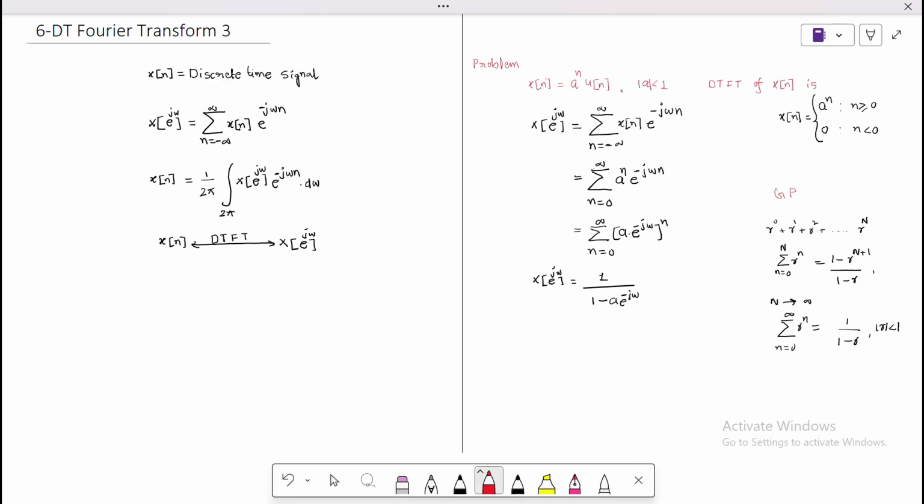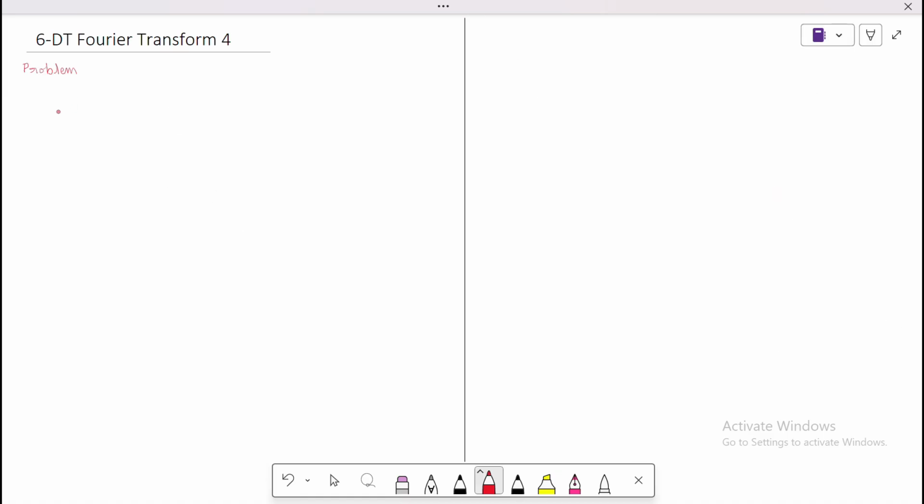Next problem. One discrete time signal, x of n, is having magnitude 1 for mod n less than n1, otherwise 0 for mod n greater than n1. So this is aperiodic.